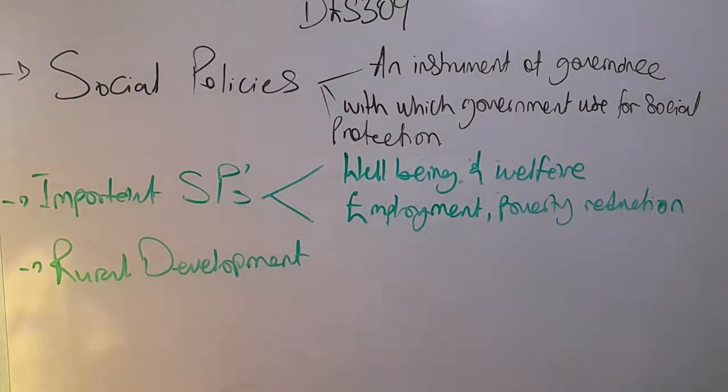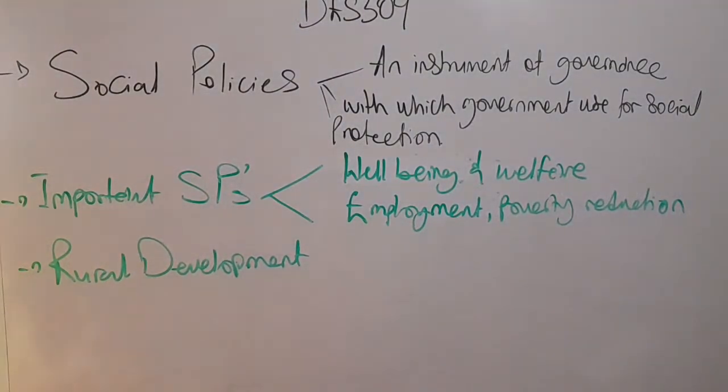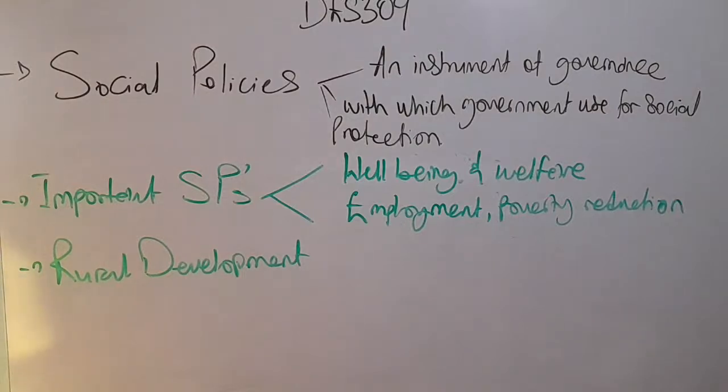A rural environment is an environment whereby there are not enough jobs to go around for everybody. The infrastructures there are not as improved or as developed as those of the urban areas.